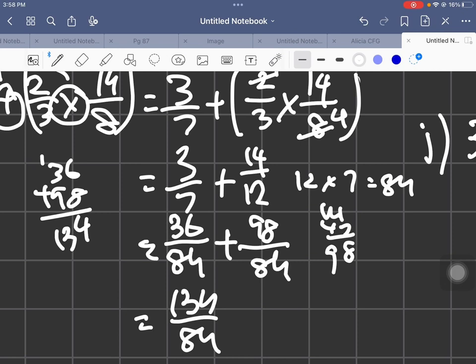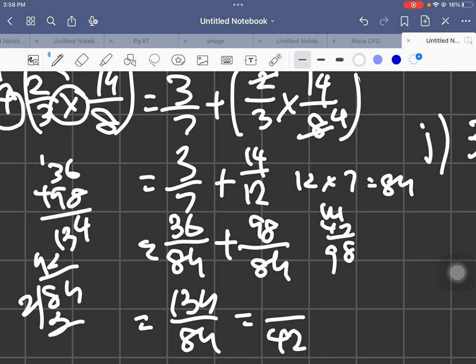After that, we'll simplify it by 2. So 84 divided by 2, we'll get 42, and 134 divided by 2.